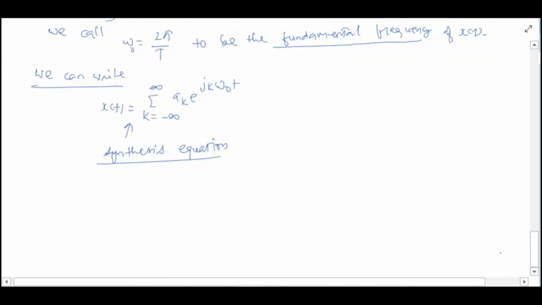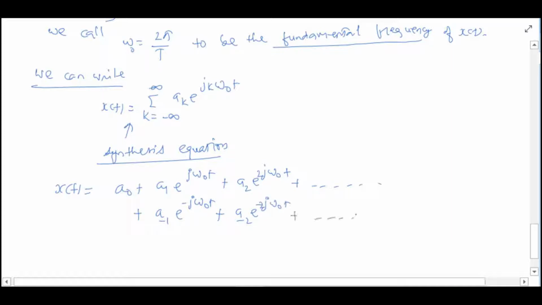Notice that x(t) is equal to a naught plus a1 e raised to j omega naught t plus a2 e raised to 2j omega naught t plus dot dot dot, and then there are other terms: a minus 1 e raised to minus j omega naught t plus a minus 2 e raised to minus 2j omega naught t plus dot dot dot.